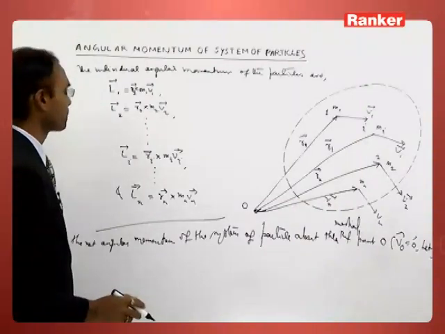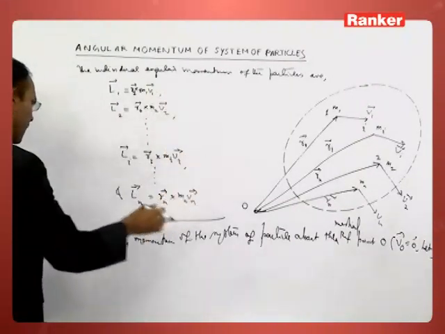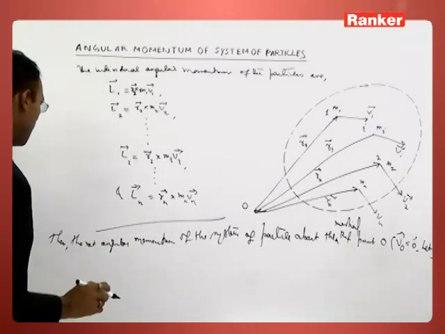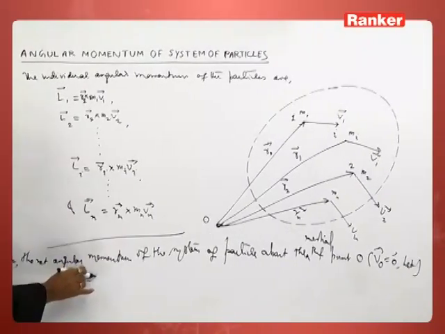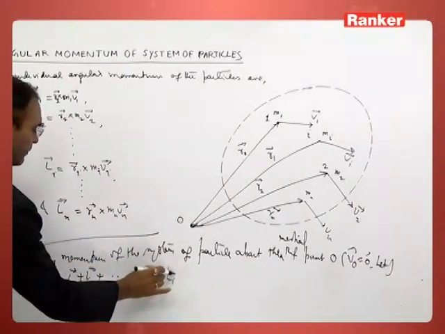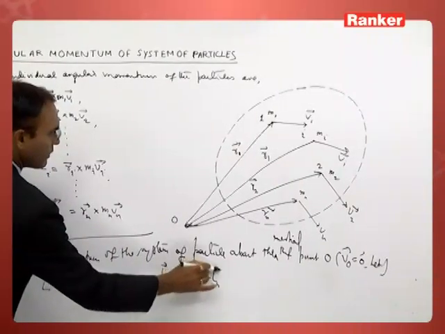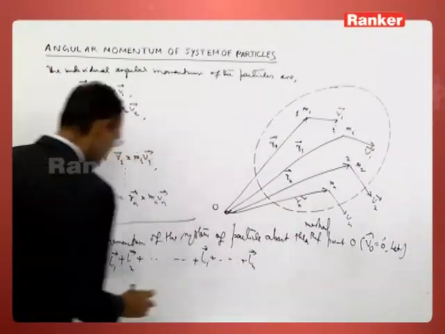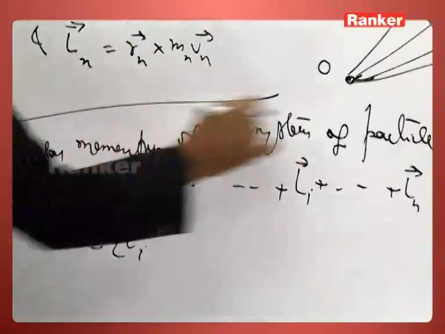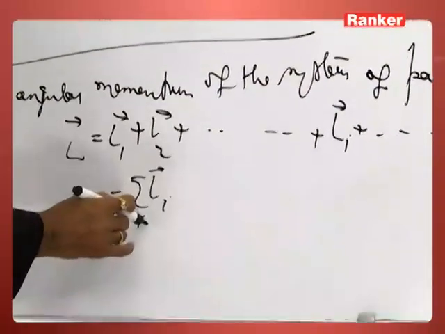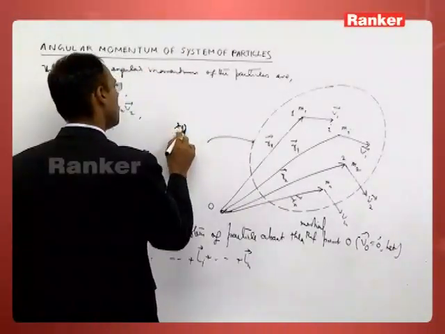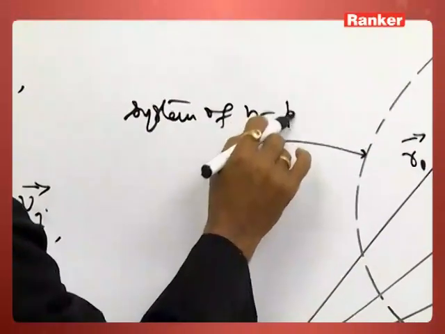Well, if you sum all the angular momenta, then the net angular momentum can be written as L is equal to L1 plus L2 plus Li plus Ln. Or in a nutshell, we can write L is equal to the sum of Li, where sum means addition of all the angular momenta, i ranges from 1 to n, the system of n particles.